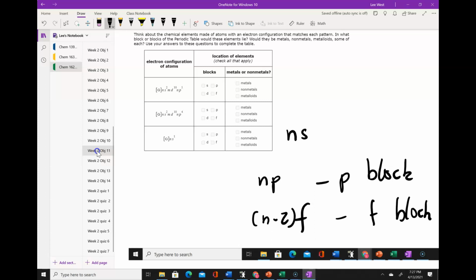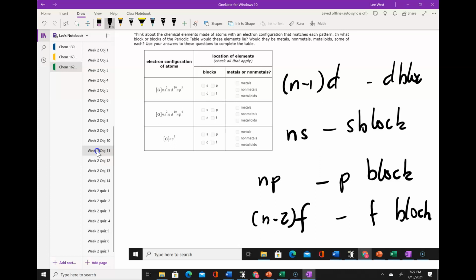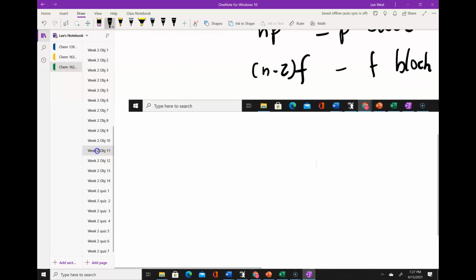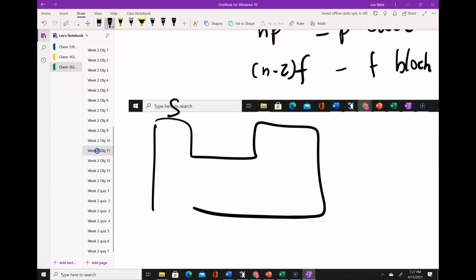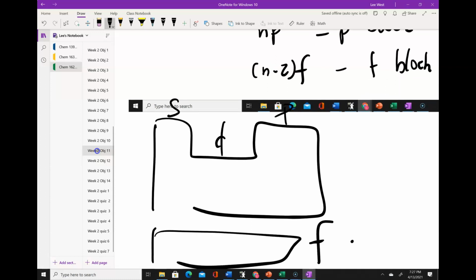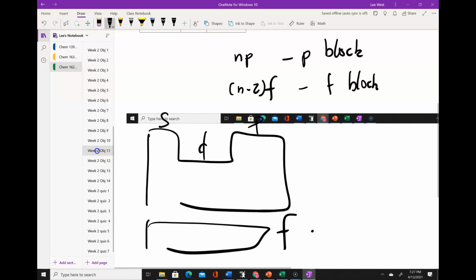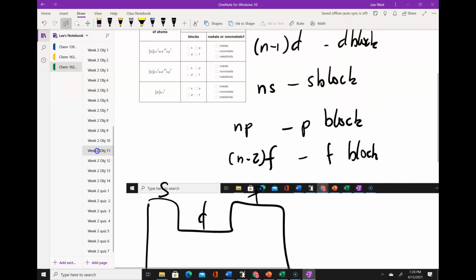If it ends in S, it's in the S block. And who would have thought it, if it ends in D, it's in the D block. If you want to look at the periodic table and see where they are, it goes S, P, D, and F. So you should be able to figure it all out.